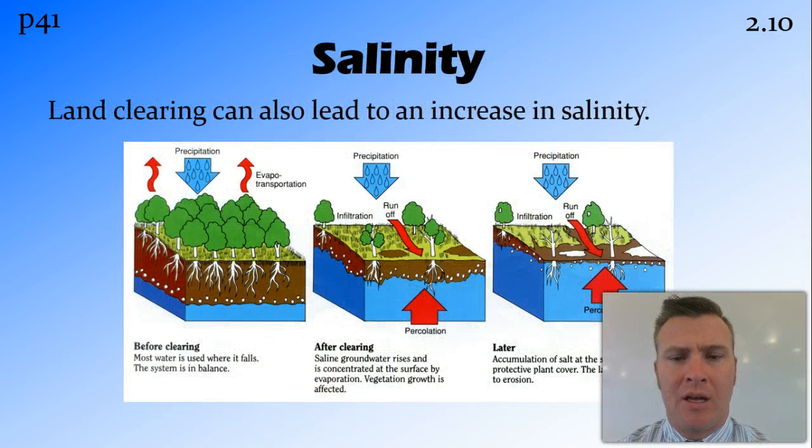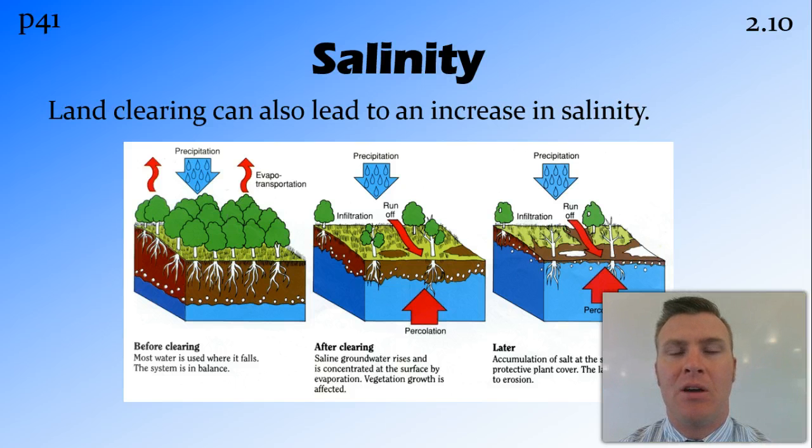Land clearing also can lead to an increase in salinity, and the way this works is that when there's a large area of trees or a forest, they have their roots deep into the ground, and this actually gets down into the groundwater. Those roots pull the water up out of the groundwater and put it into the atmosphere through the process of transpiration. Once you cut the trees down, you have an increase in erosion in the area, and you don't have those trees to pull the water out of that groundwater supply.